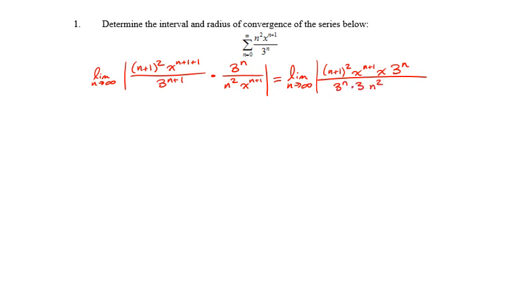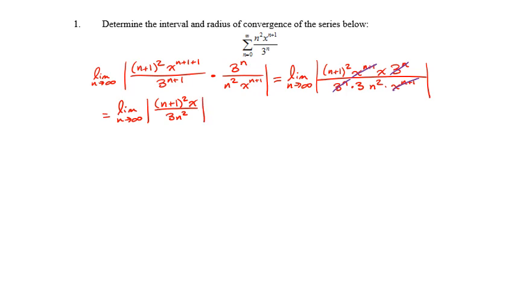And then n squared, and then x to the n plus 1. Now we cancel what we can, so that'll be the x to the n plus 1 and 3 to the n. So we're left with the limit as n approaches infinity of n plus 1 squared times x over 3n squared.